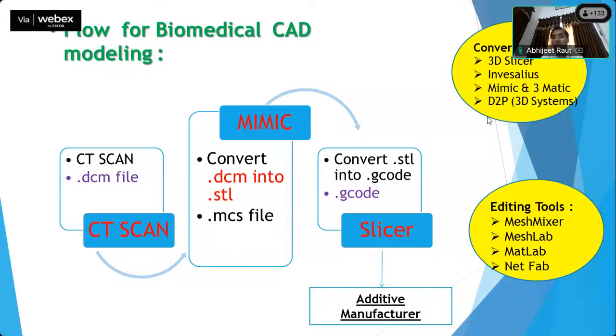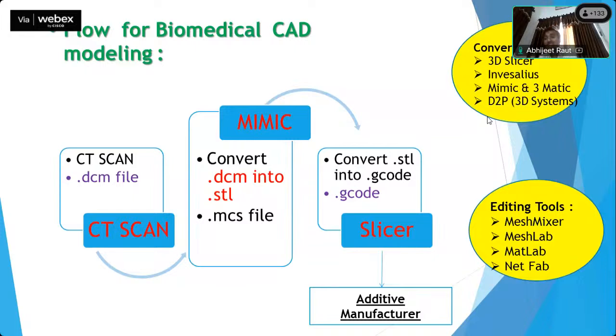biomedical CAD. What happens in biomedical CAD is we convert CT scan data and MRI data into an STL file. So we are converting CT scan DICOM data into the STL, which is the first essential file for 3D printing.